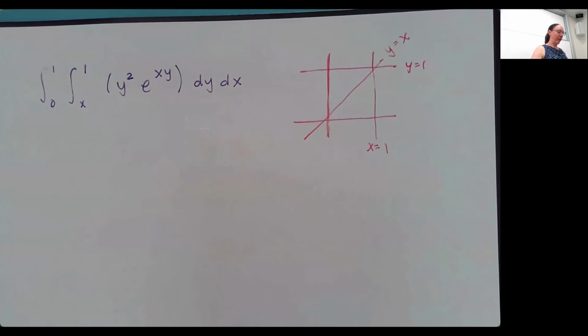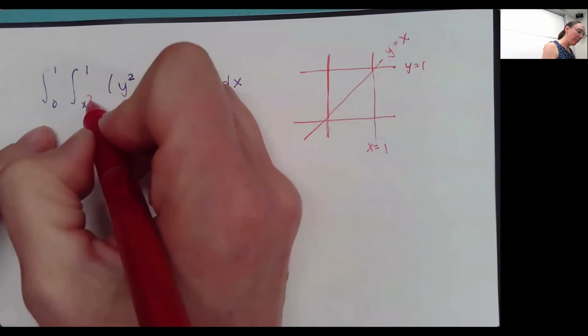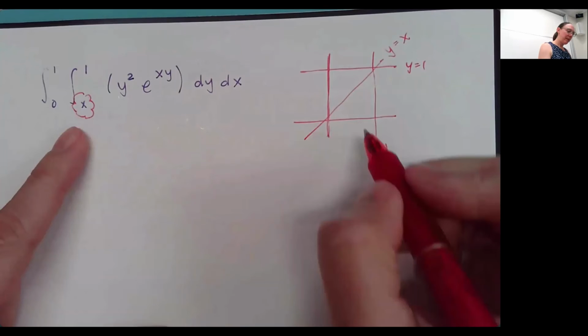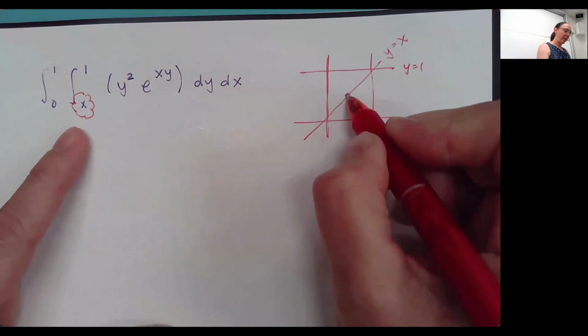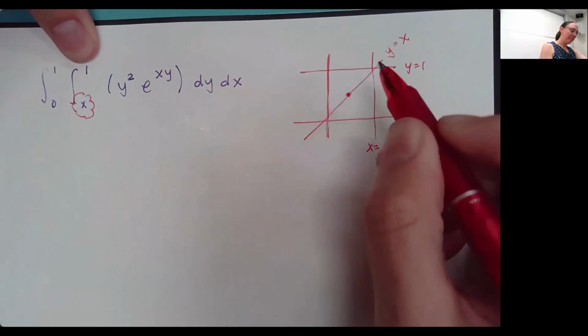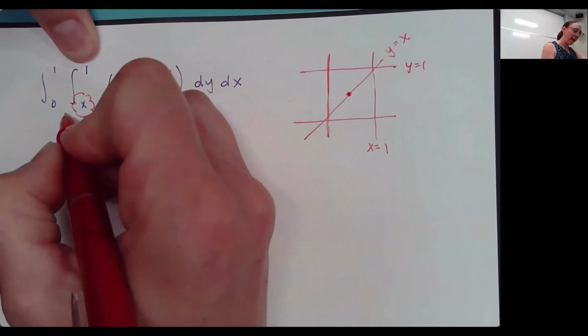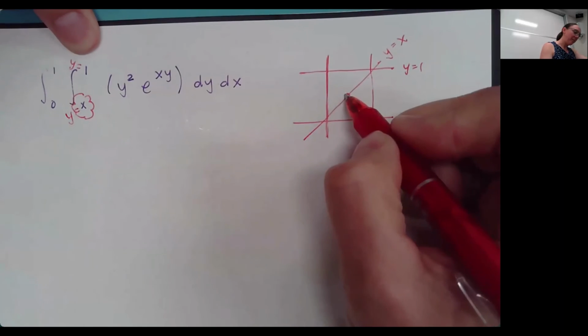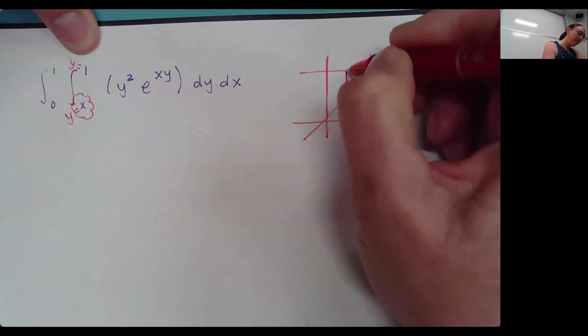And the way that I'm going to figure out which one we're talking about, I'm going to put my pen on the lower inside function, and I'm going to move in a straight line until I hit that upper function. And since these were both y on the inside, that means I'm going from there to y equals 1.